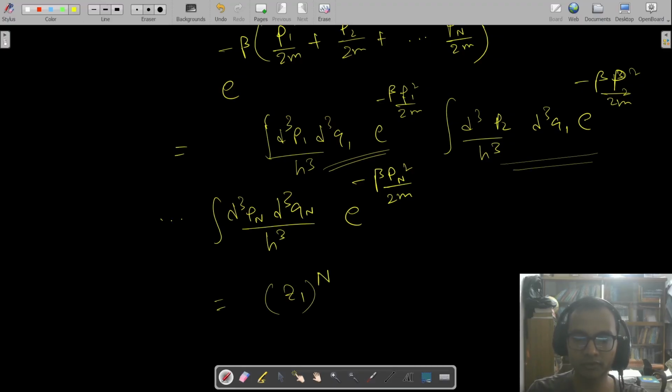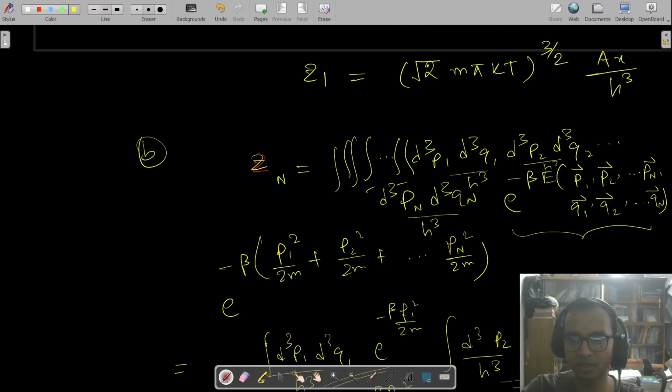But we forgot one thing, that these particles are indistinguishable, meaning all these ways of getting the energy E are repeated n factorial times, so we have to divide by n factorial.